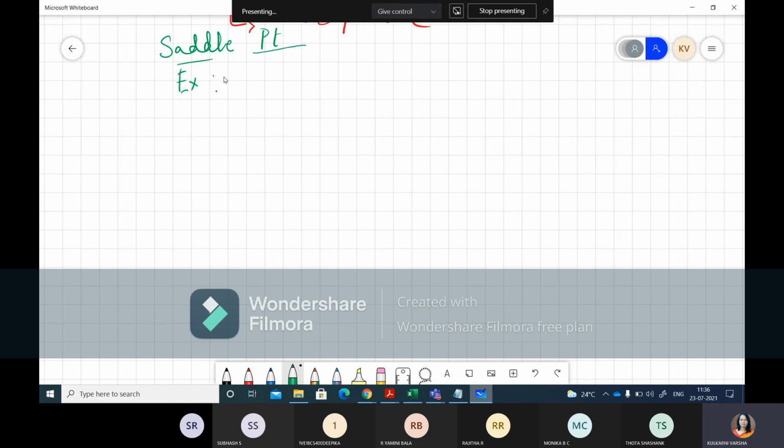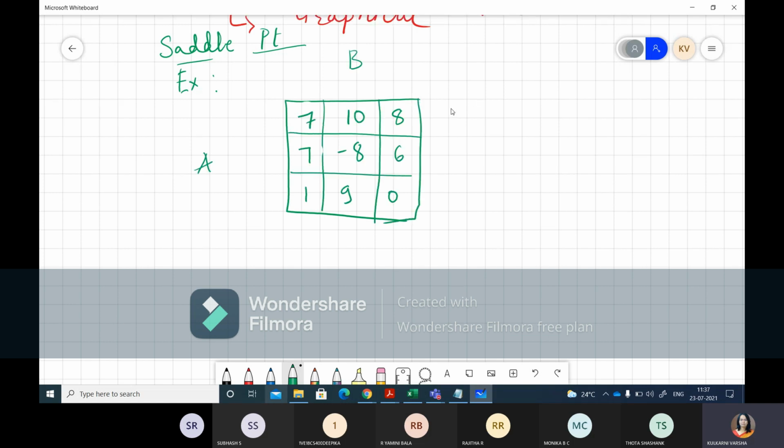Okay, so exactly what is a saddle point? After explaining this example, I'll explain. Now let us go over here. This is the payoff matrix given to us and we need to find the solution for this game.